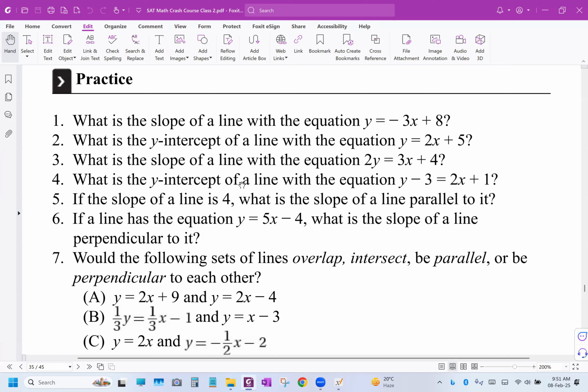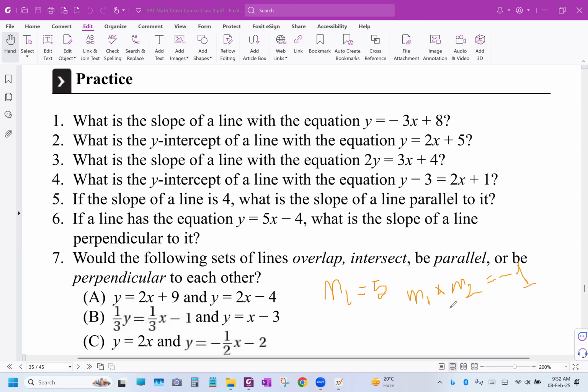So if you want to find the slope of the line perpendicular to it, you just consider it as M1. So you can write M1 equals 5, right? So M1 into M2 equals -1.